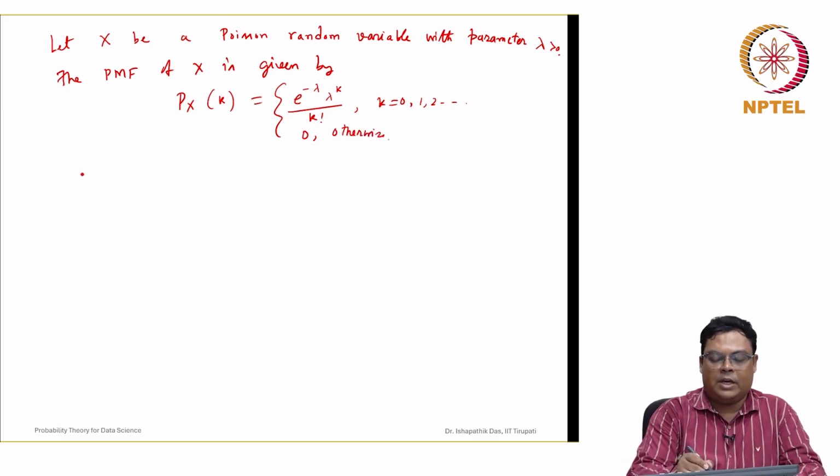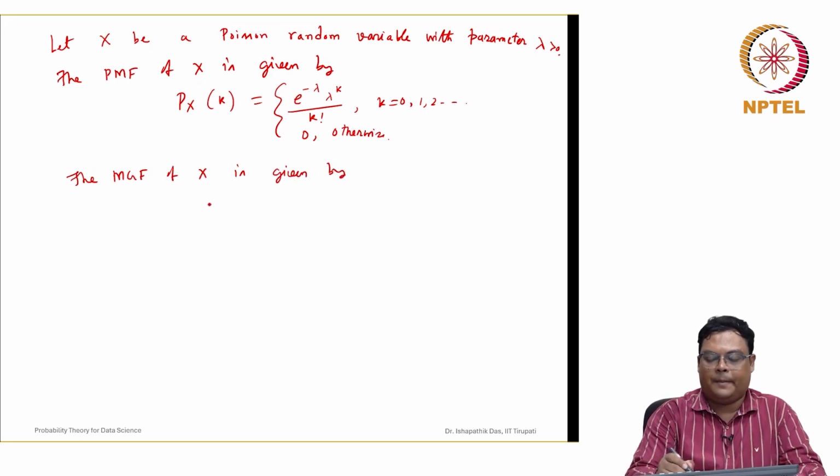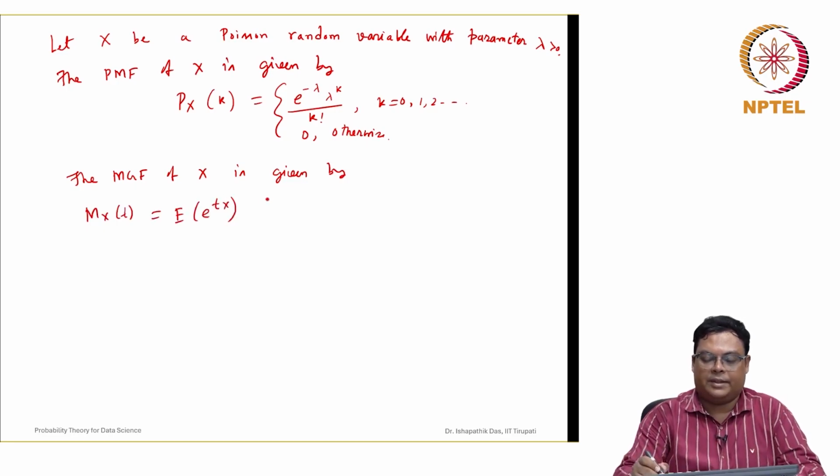Then we can find the moment generating function from the definition. The moment generating function of X is given by M_X(t) equals expected value of e to the power of tX.